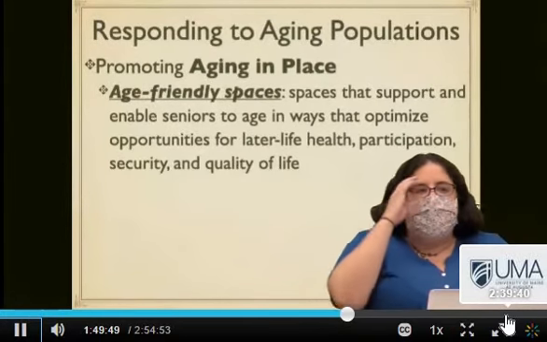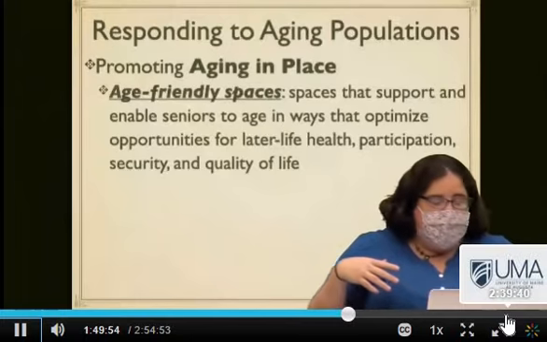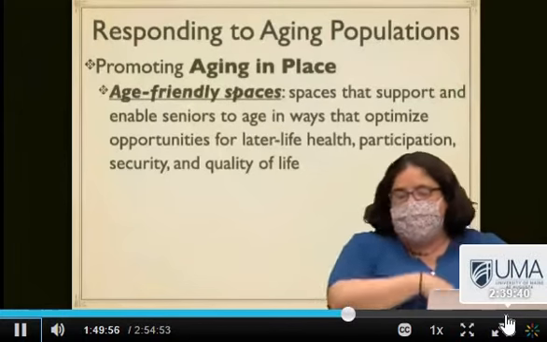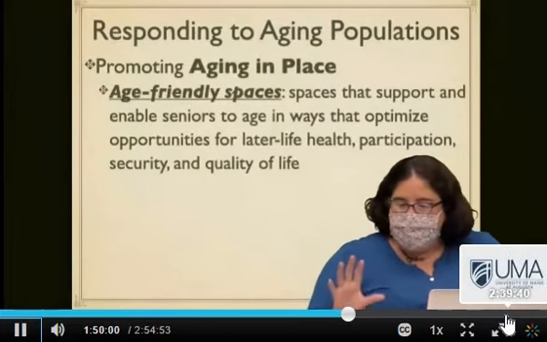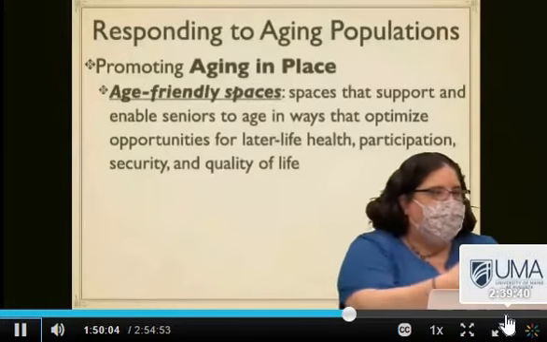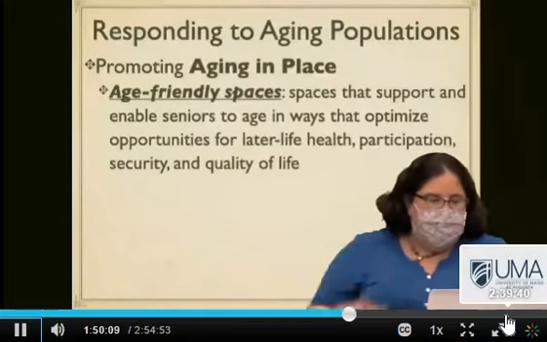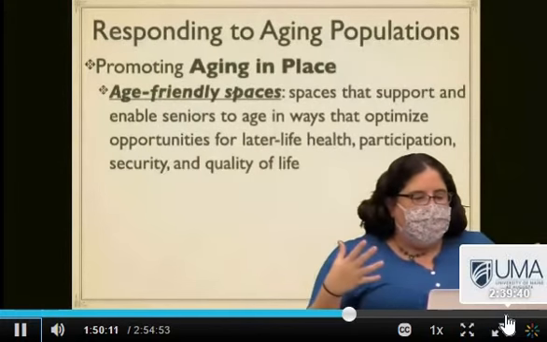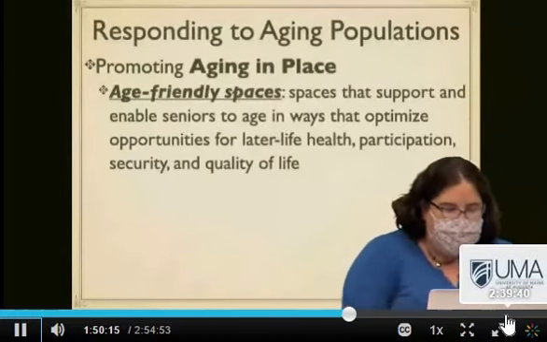It doesn't just have to be ADA stuff either. Say there's a new bus system that gets developed, if there are ways to make sure that it stops at places that are important to the aging community, as opposed to just stopping at the mall and the grocery store or whatever, like trying to incorporate ways that optimize opportunities.